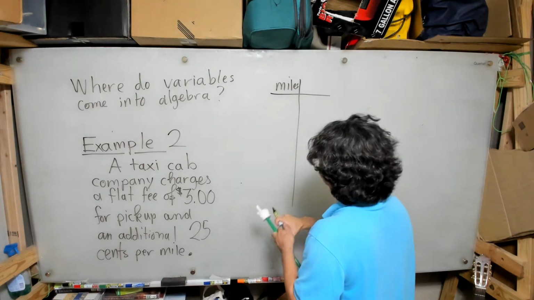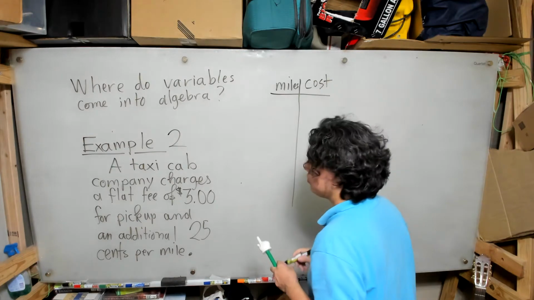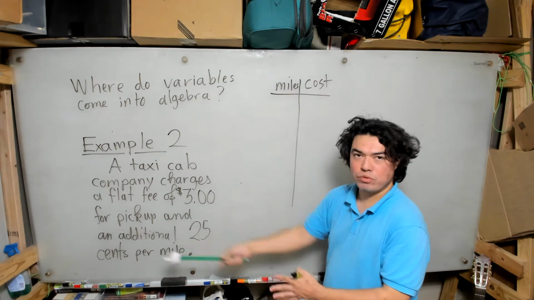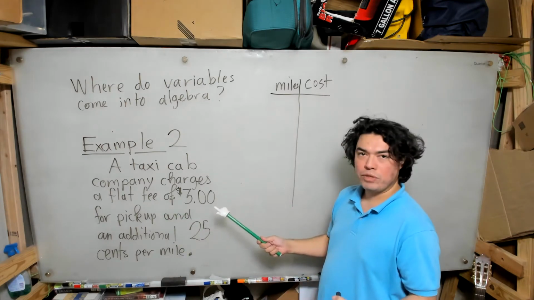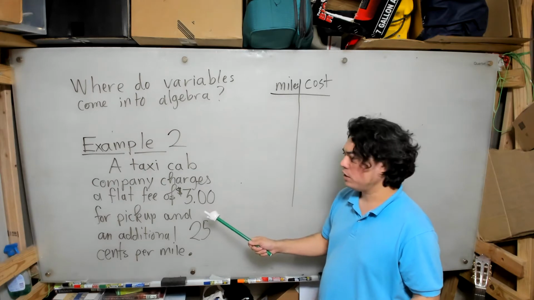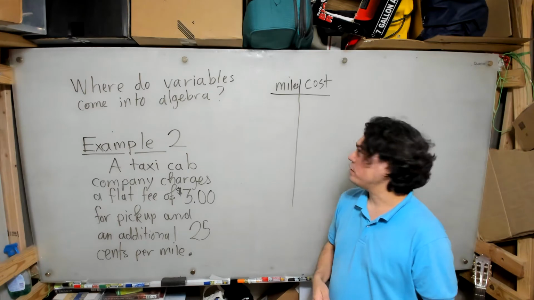And here, what we're going to do is count the cost, okay? Because, of course, what's at issue here is a cost. We're going to be charged a flat fee of $3 in case the taxi picks us up in the first place. And then for each mile we drive, they're going to charge us 25 cents. Okay?